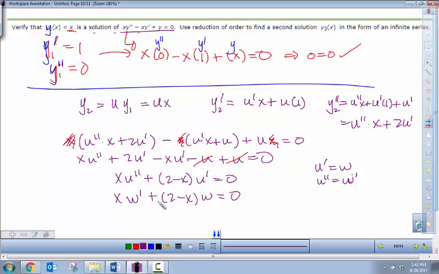So what do I want to do? I think I want to divide by an x, right? Because I want to get this into the standard form. It's separable. So let's rewrite this as x dw/dx plus (2 minus x) times w equals 0.